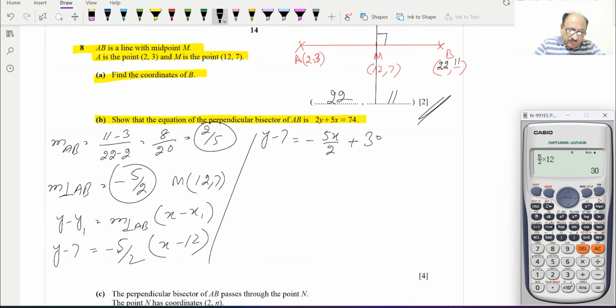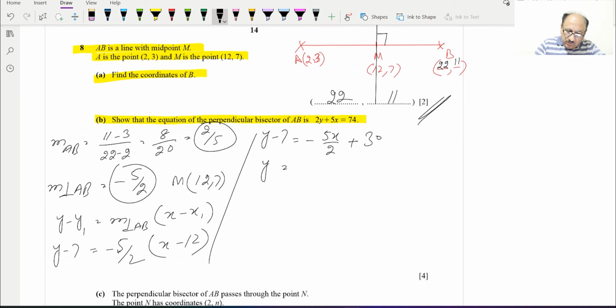Minus 7 we can shift to the other side, so y is equal to minus 5x by 2 plus 30 plus 7, so this will be 37. Now we can multiply everything by 2.